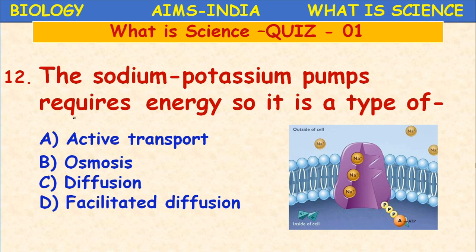Here the transport requires energy. The transport of sodium and potassium across the cell membrane is taking place, utilizing energy in the form of ATP. Such transports are called active transport.